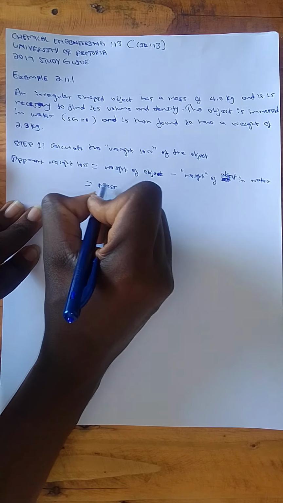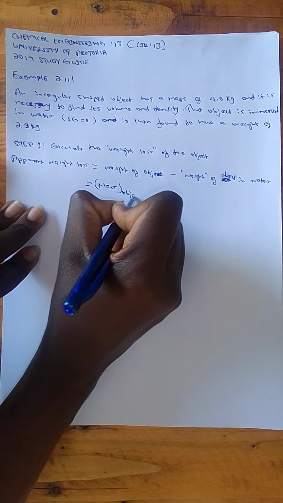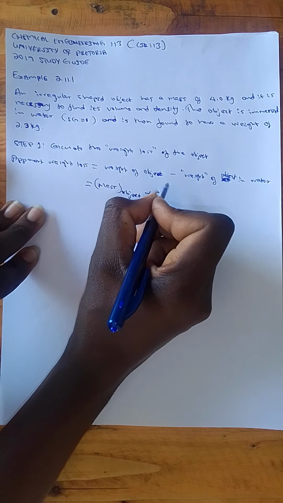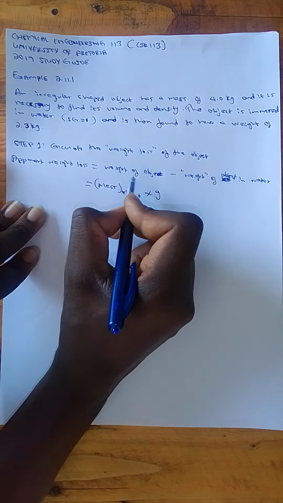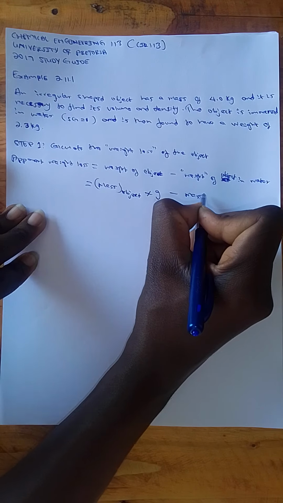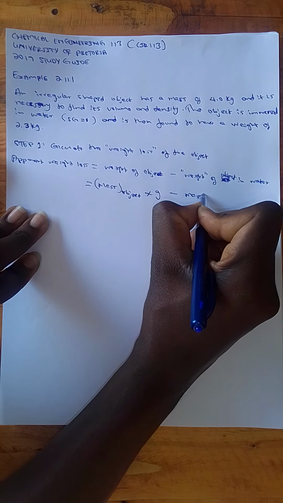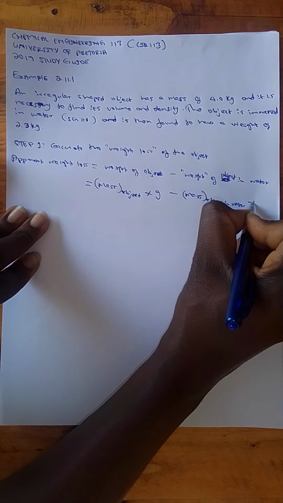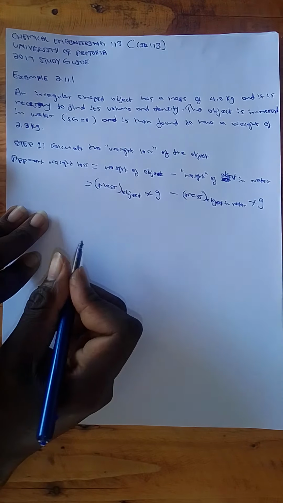We can continue further to make the equation clearer and say it's the mass of the object multiplied by the gravitational constant, this is the original weight, minus the mass of the object in water, also multiplied by the gravitational constant.